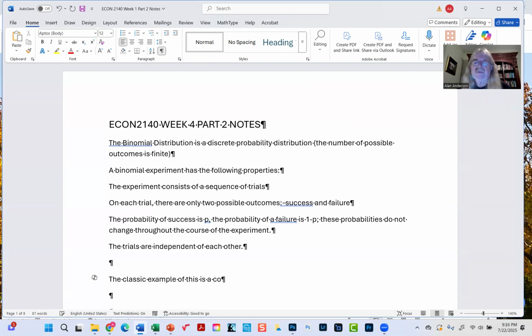So the classic example of this is a coin flipping experiment. Imagine the following situation. Suppose that a coin is flipped, let's say 4 times, and we'll define X, which is a discrete random variable, to be the number of heads that turn up.